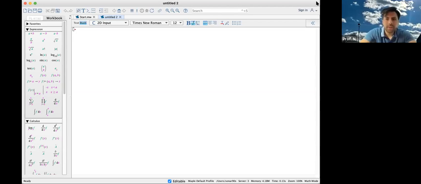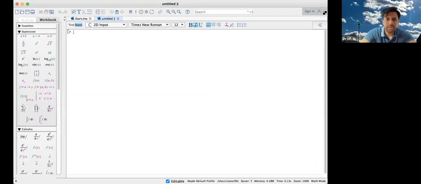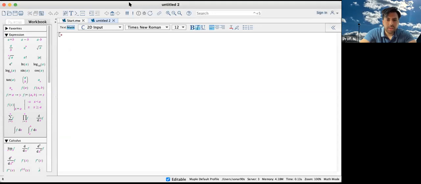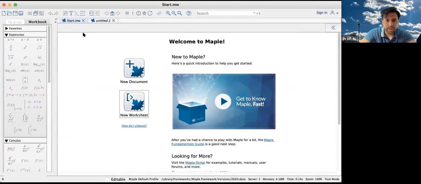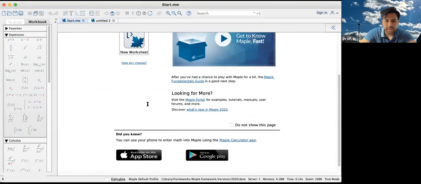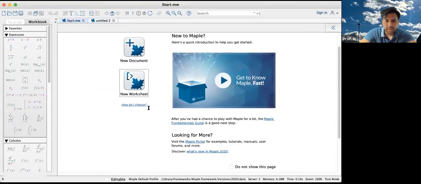So let me show you what I'm looking at right now. I'm looking at Maple. And again, you guys can download this for free on CUNY, on the eMall. On the CUNY email, I don't know if you guys are aware of that, but I would recommend it, and it's free.